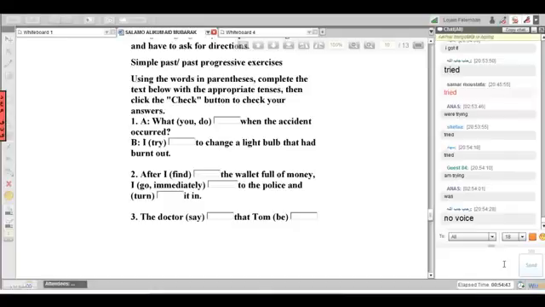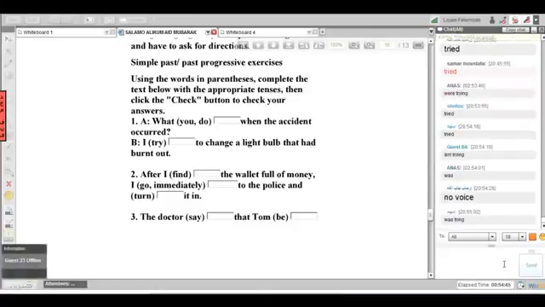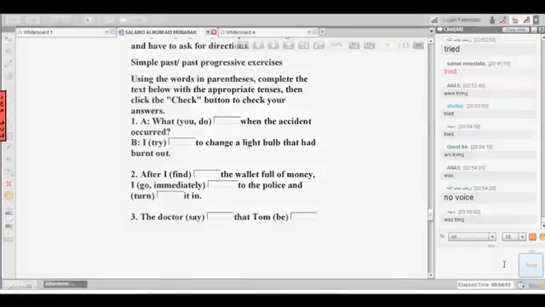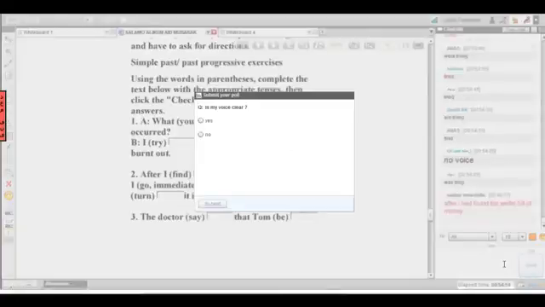And we said that we usually use when and while for past continuous.